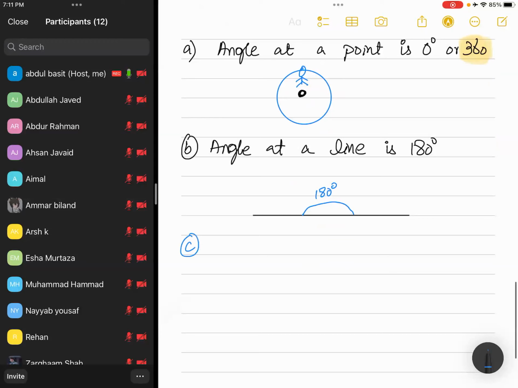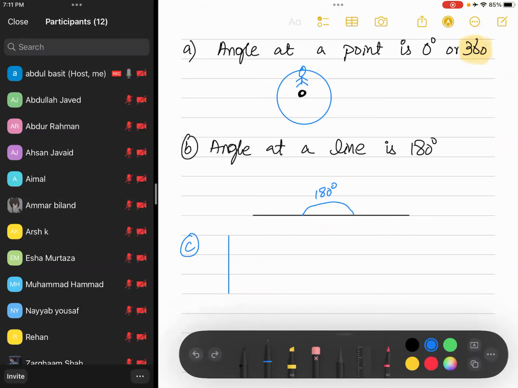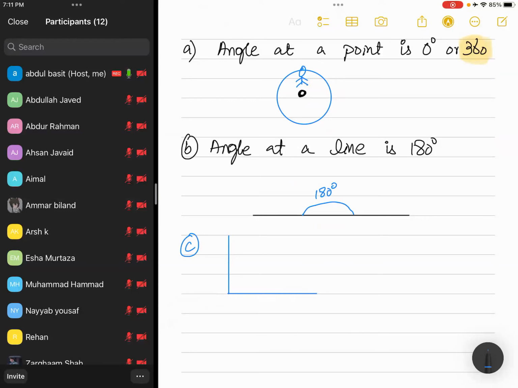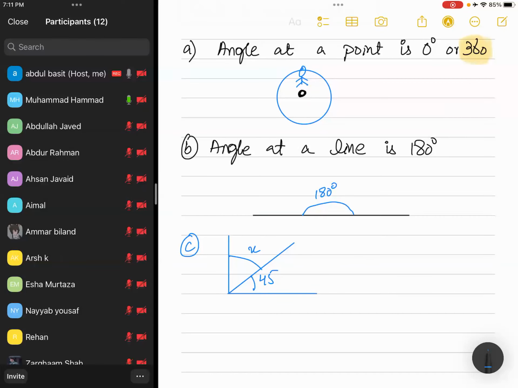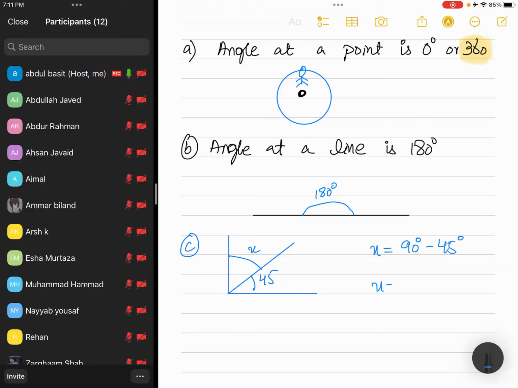Point C. For example, this angle is 45, so this angle will be what? 45. So can I say that x is equal to 90 degrees minus 45 degrees? Yes, sir.